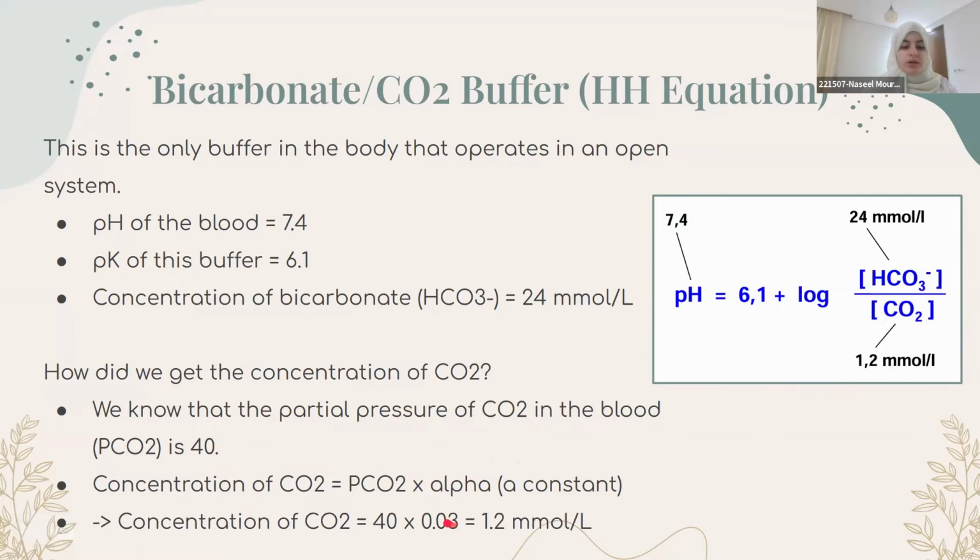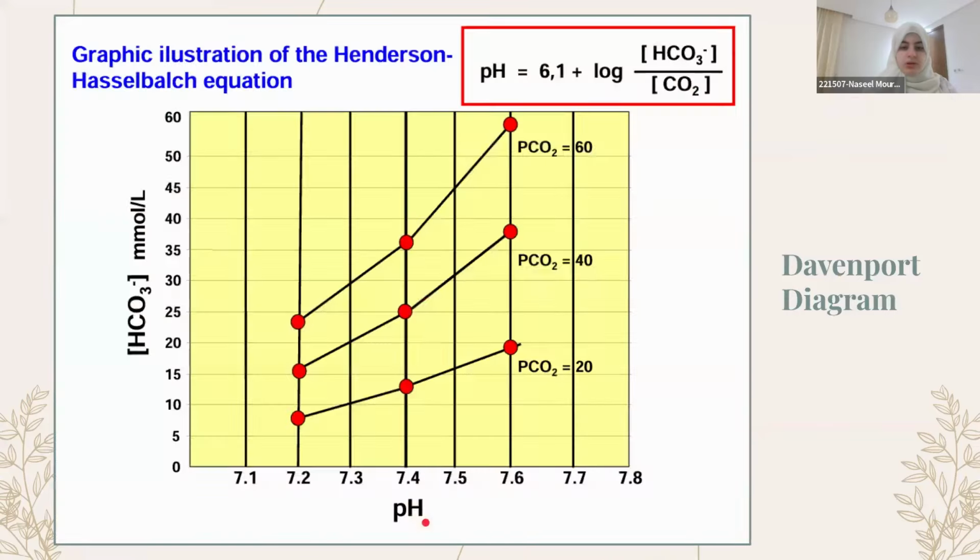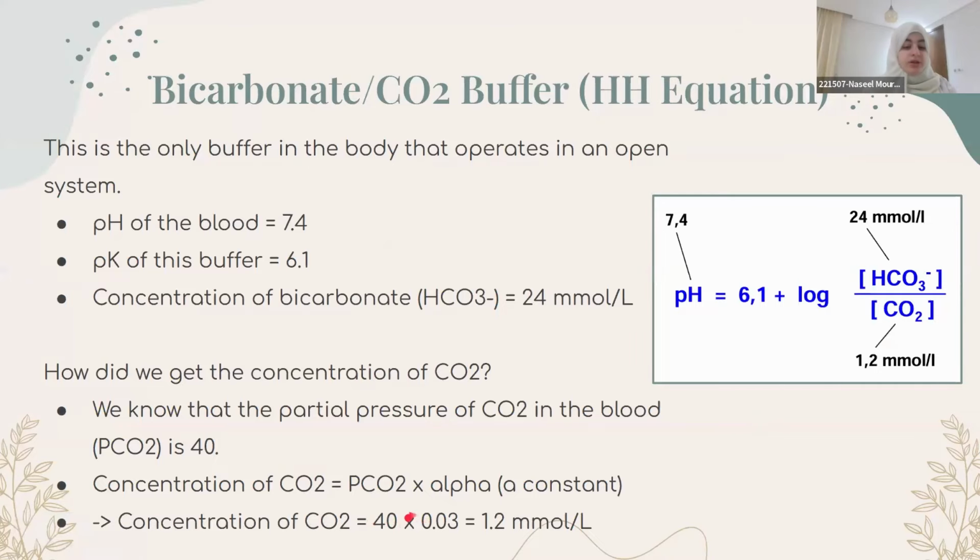This constant happens to be 0.03, so 40 times 0.03 is 1.2 millimoles, and that's how they got this value. However, you don't really need to use 1.2. When we talk about the disturbances, we look at the PCO2 of 40. We don't really look at 1.2.